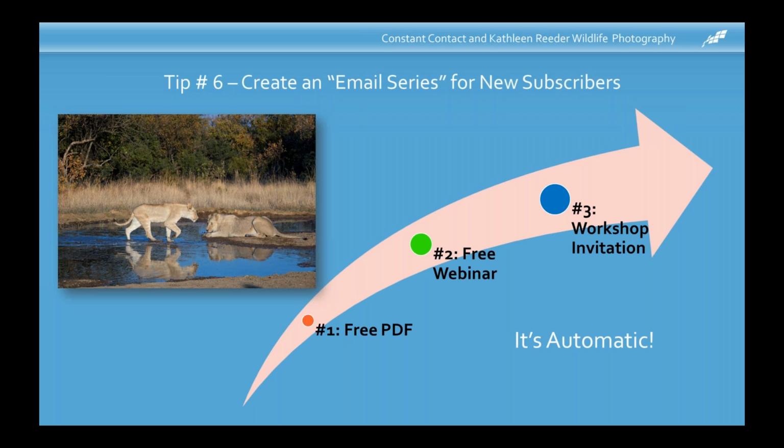Here's a free PDF," and it's a detailed list of lenses and what I photograph with those lenses, what the minimum focus distance is on each of the lenses. It's a high value free PDF that comes in the first email. And then in that email it says, you're going to get 2 more emails in the next 7 days that are free information for you.